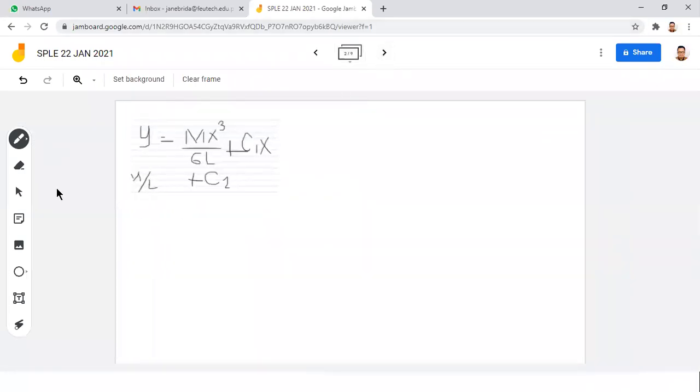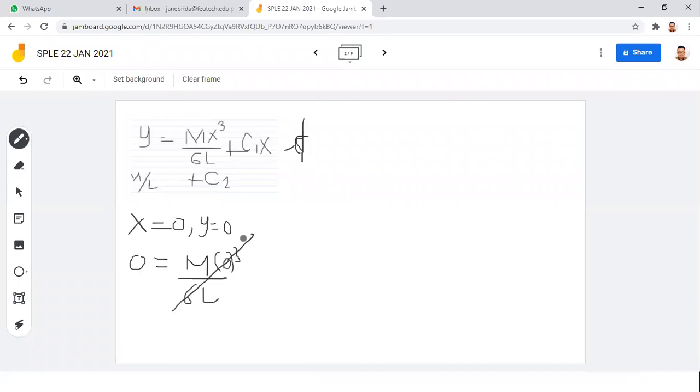So from here, if we substitute x equal to 0, y is also equal to 0. Now, if we substitute in this equation, this is the equation of the deflection, y is equal to 0, you have 0 cubed, m x cubed over 6L.